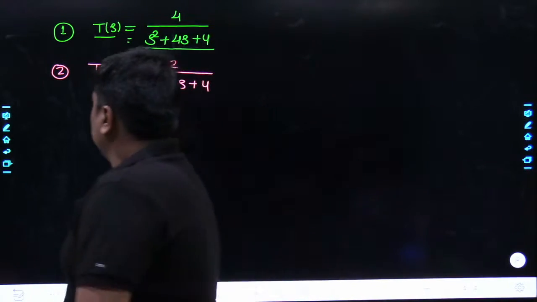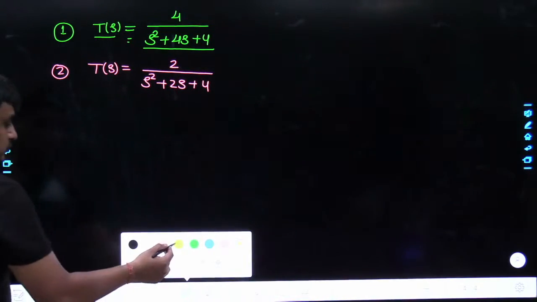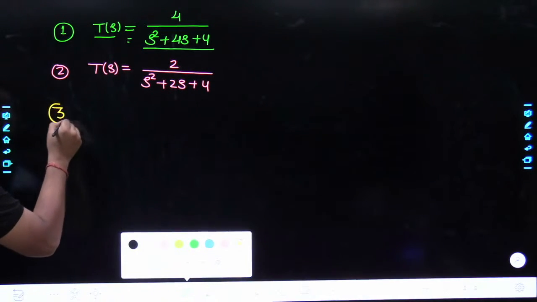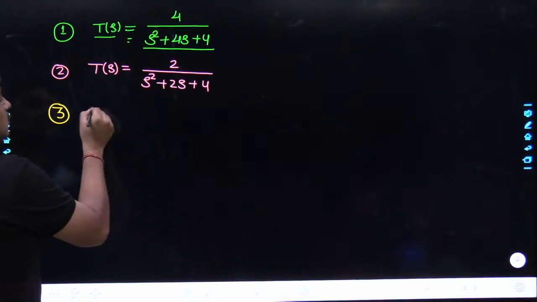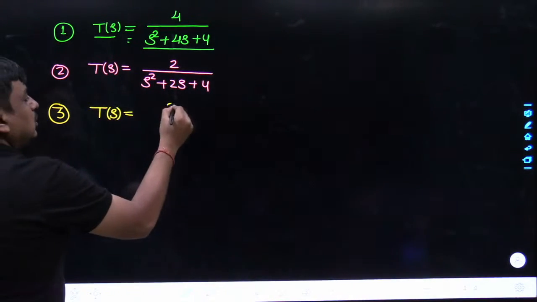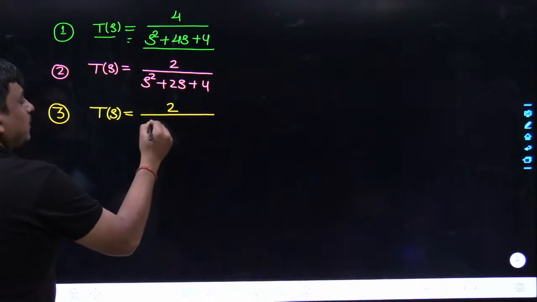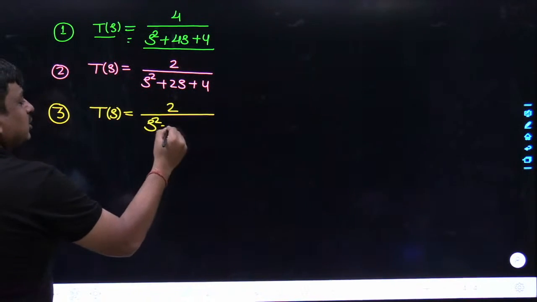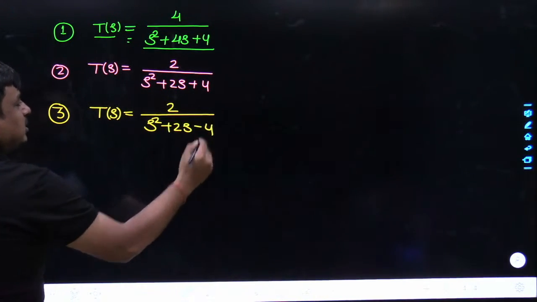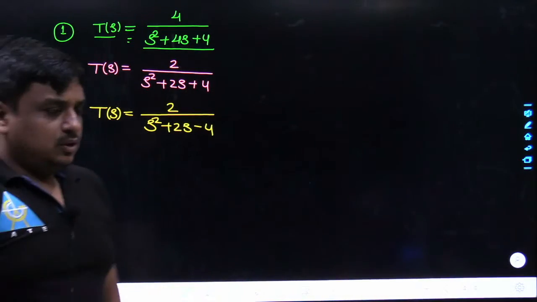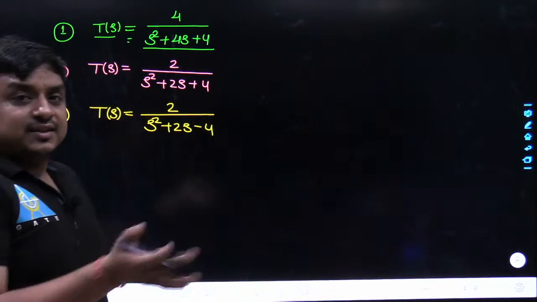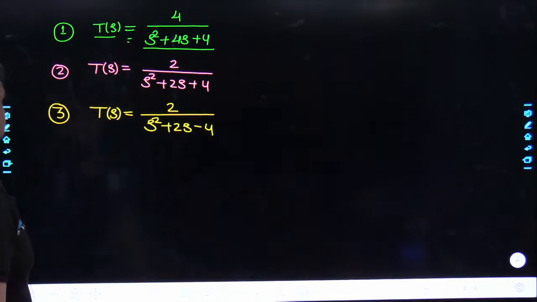Yes. Third question. 2 divided by s square plus 2s minus 4. Now this is going to be your third problem. I would like to ask the same question, which kind of system it is. Fourth.